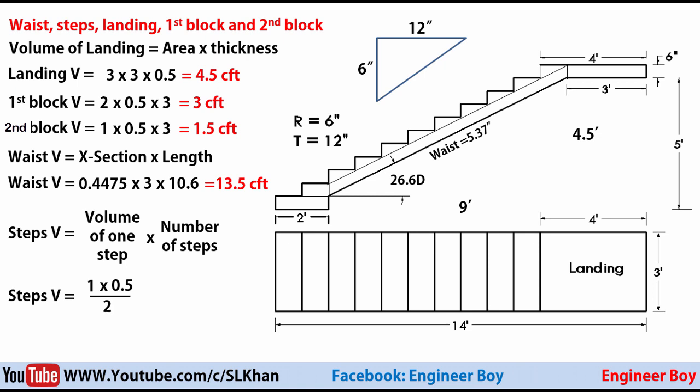This is the sectional area, times the length, which is 3 feet. Then we multiply by the number of steps. We count 1, 2, 3, 4, 5, 6, 7, 8, 9. We get only 9 steps here, and the others are already taken with the blocks. Doing a little mathematics, we get 6.75 CFT as the volume of the steps.